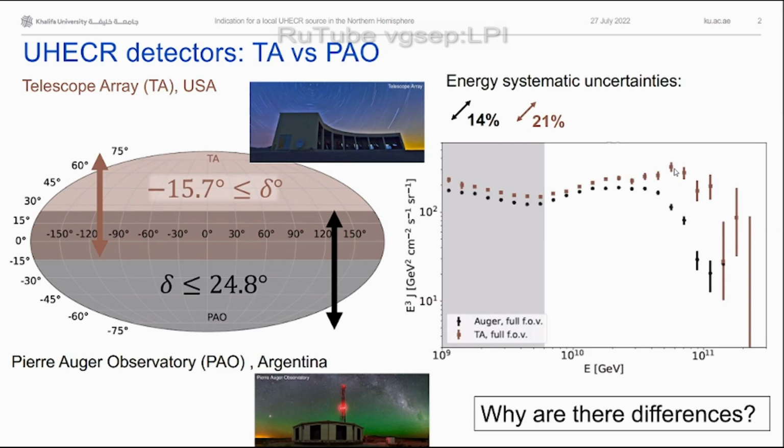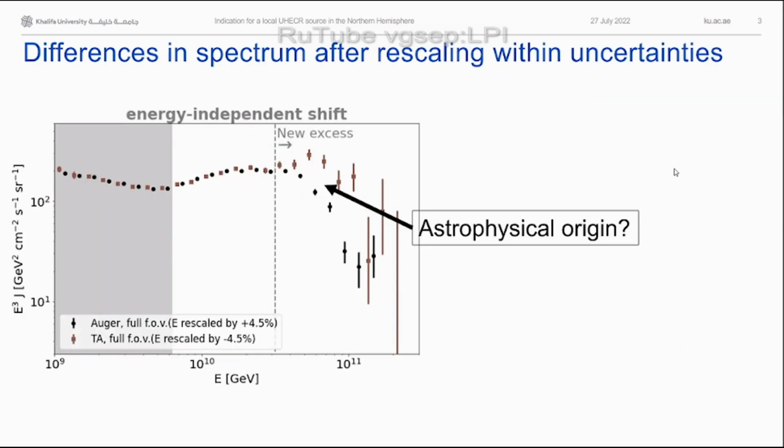Now there are clear differences here, but what this plot does not show are the systematic uncertainties, which are 14% for Auger and 21% for Telescope Array. So what you can do is shift these two so that they fall on top of each other within their systematic uncertainties, which is what's done here. Both energies are rescaled by 4.5%.